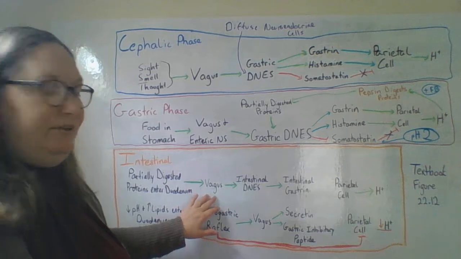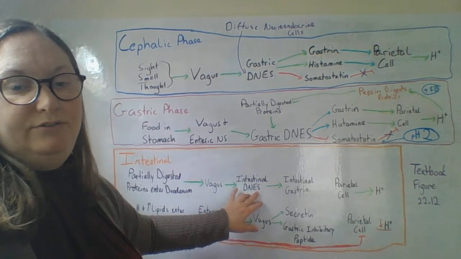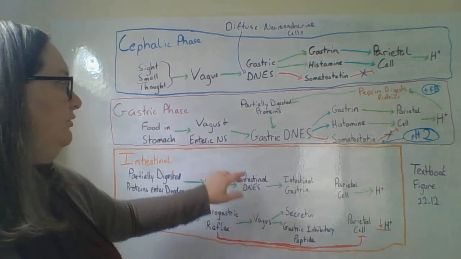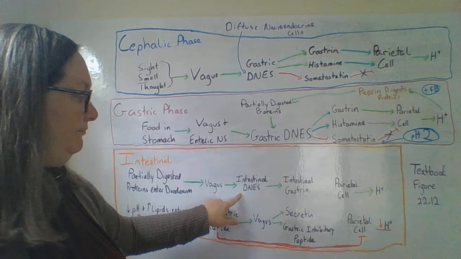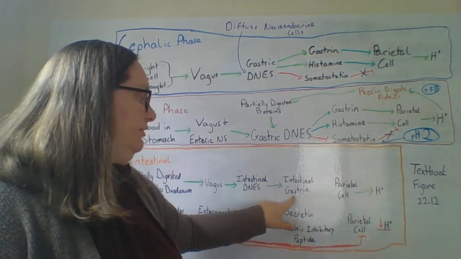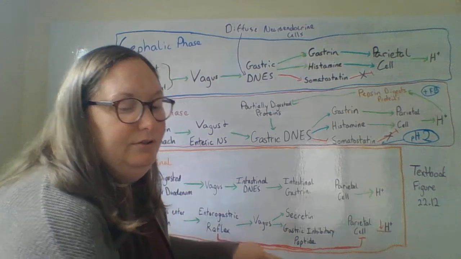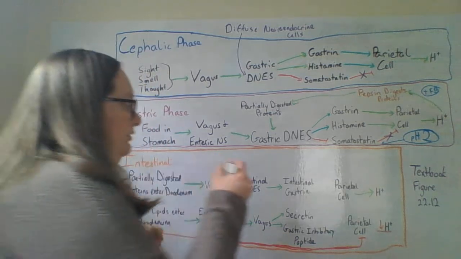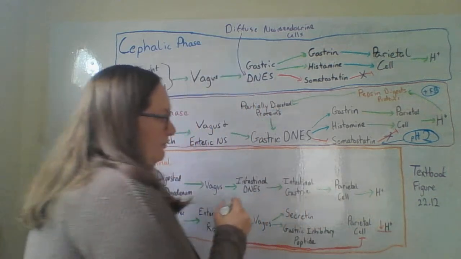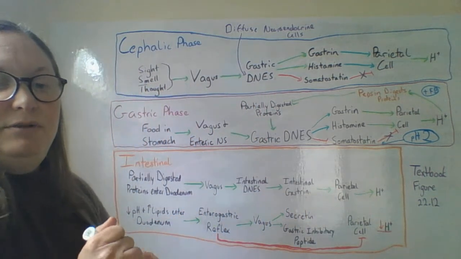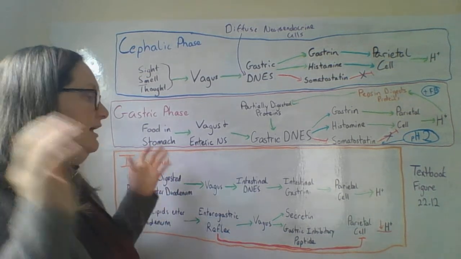That stimulates the vagus, which stimulates the intestinal diffuse neuroendocrine cells. Notice how up here it was gastric. Here now it's intestinal. And that's going to activate intestinal gastrin, which will get into the bloodstream and promote parietal cell hydrogen ion secretion.